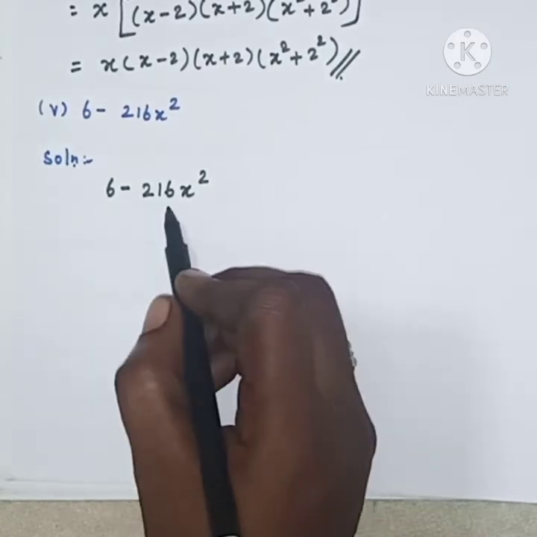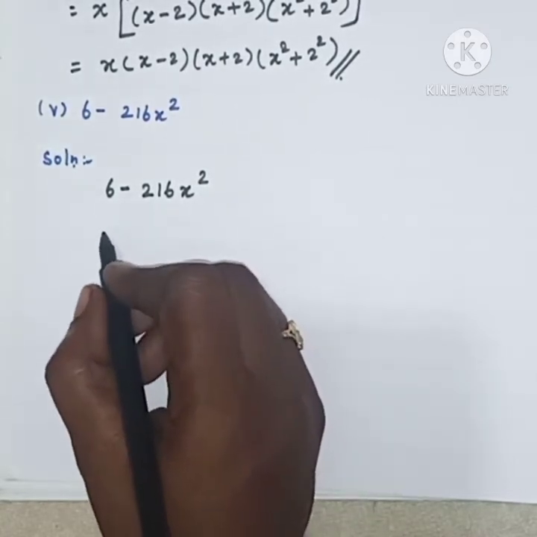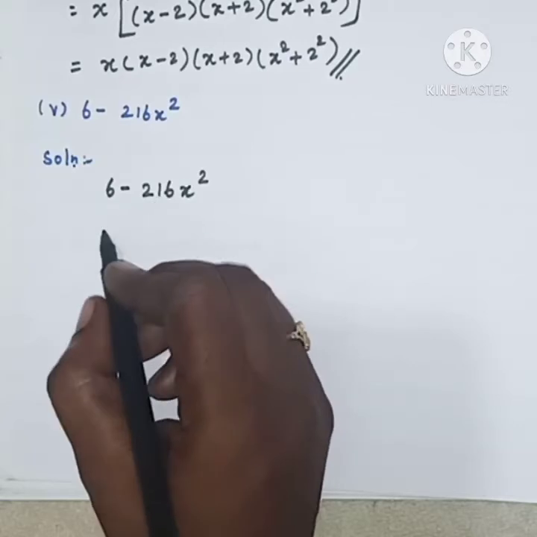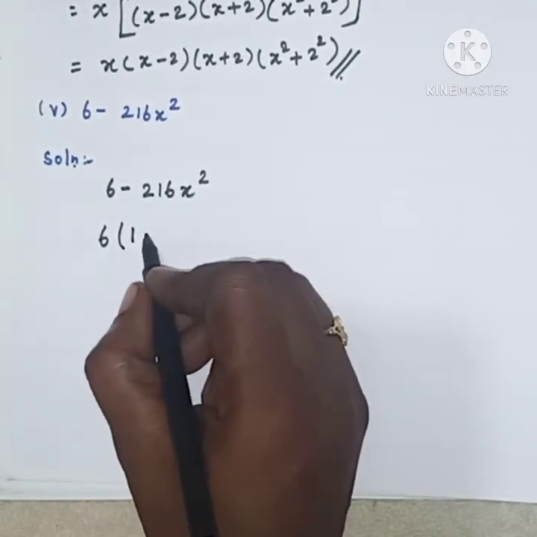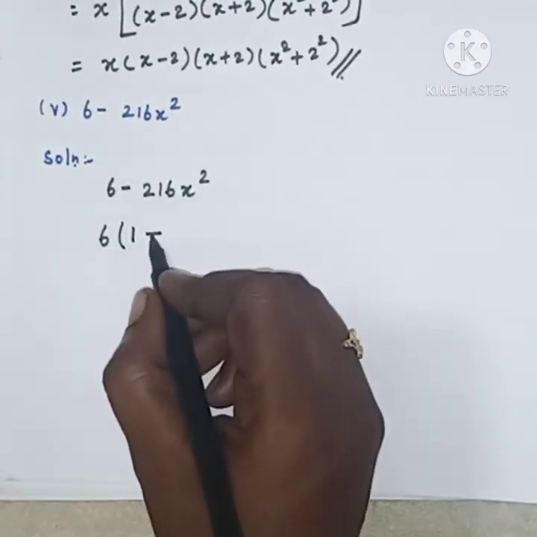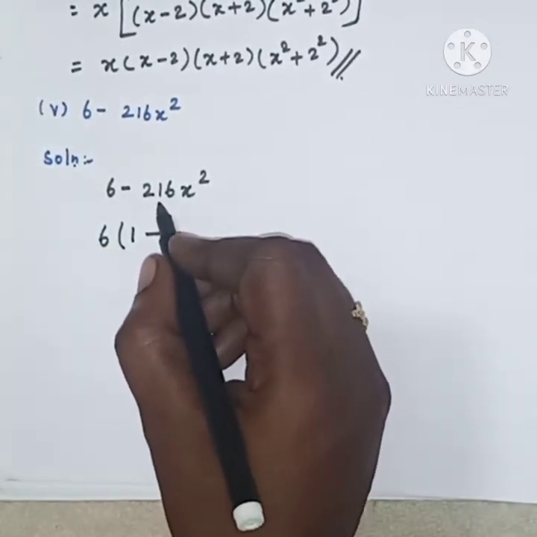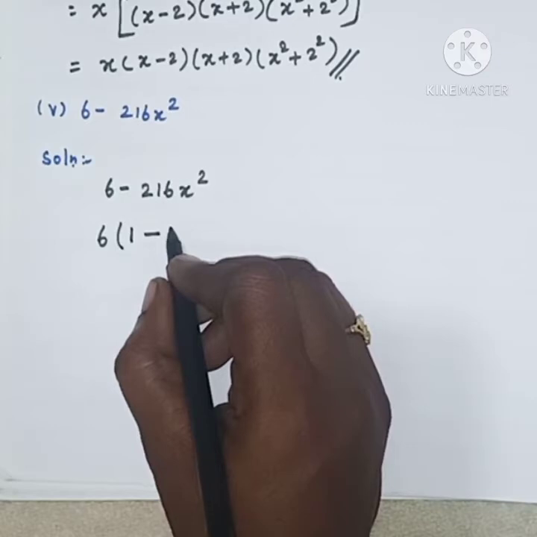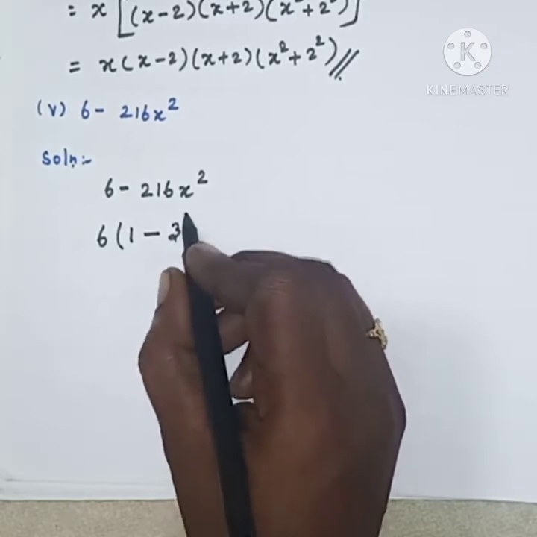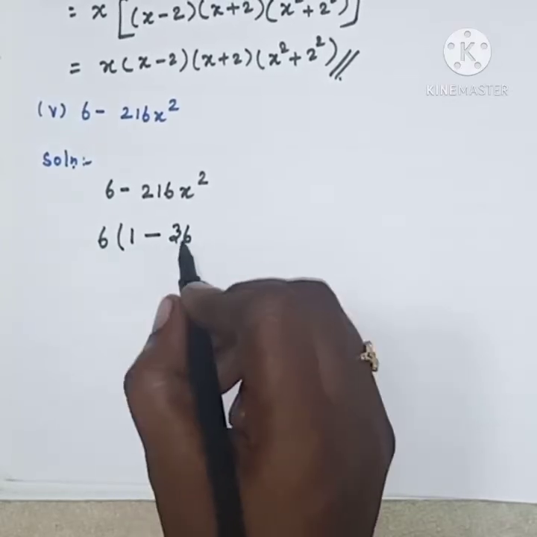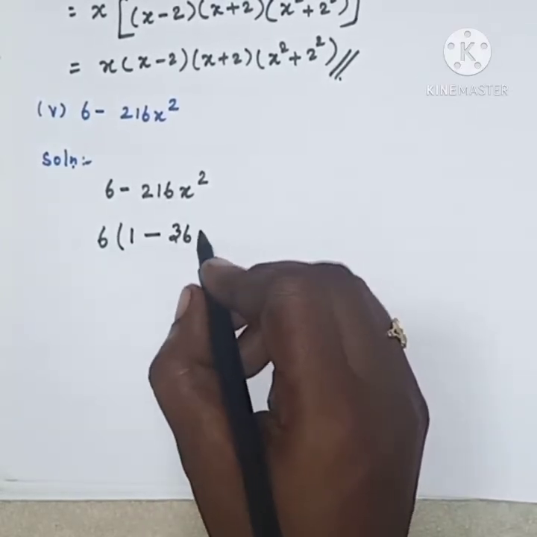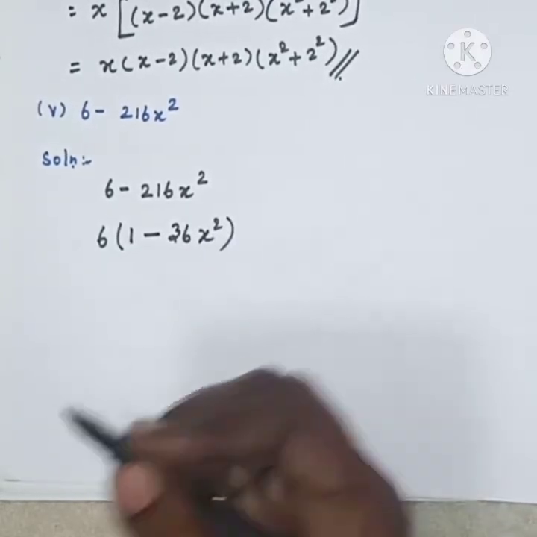So from these two terms, take 6 commonly outside. So 6 into 1 is 6, minus, 6 into 36 is 216 into x square.